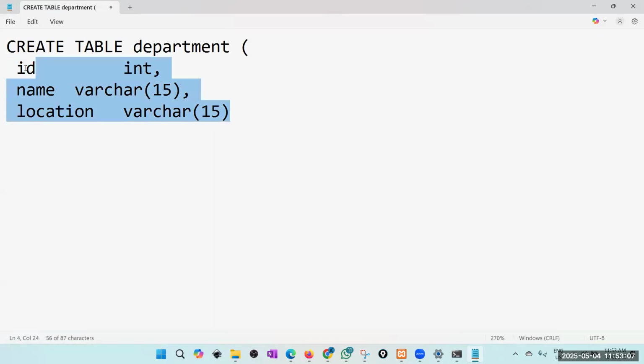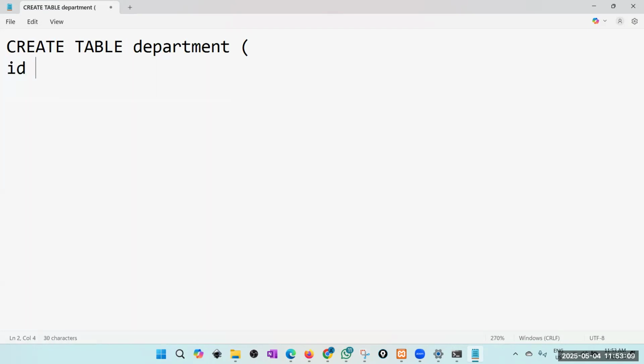Create table department, ID, say int, comma, I have a space. Say name, varchar, say varchar 20, that is width is 20.